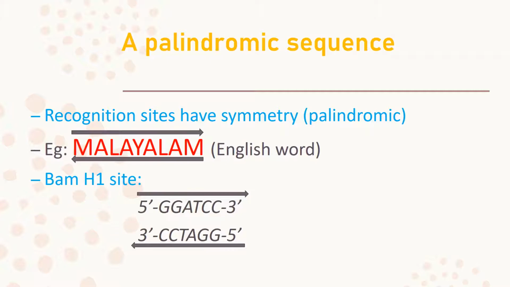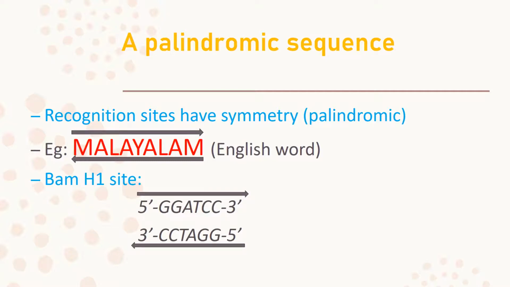In this figure, there is a nucleotide GGATCC reading from 5' to 3'. This is complementary to CCTAGG reading from 3' to 5'. On the two strands in the same direction, the sequences are read the same.